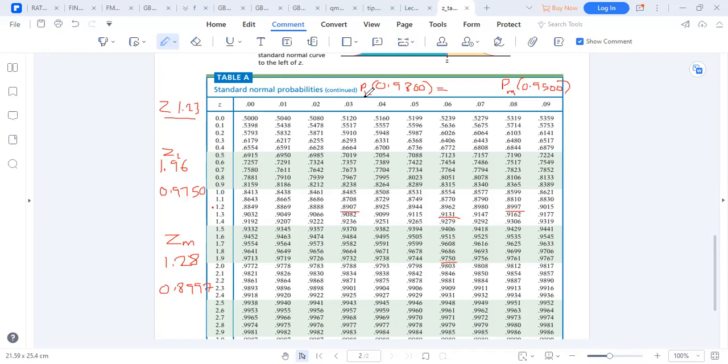What are you finding? For the males, 1.645.